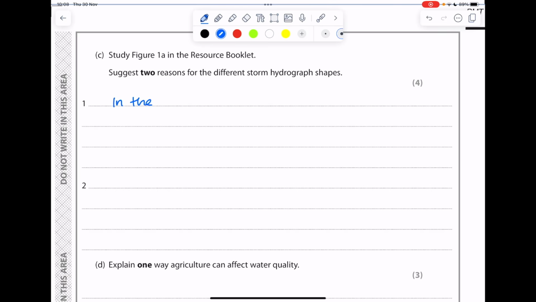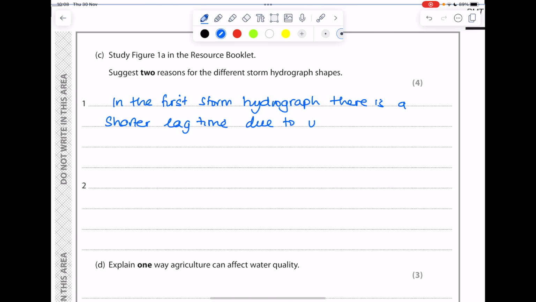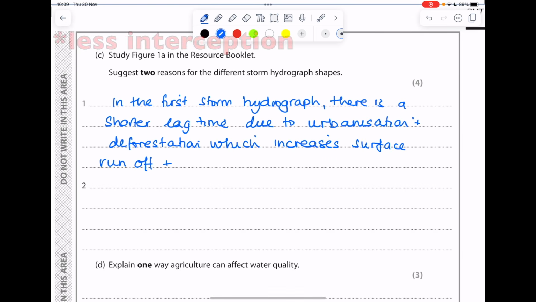So in the first storm hydrograph, there is a shorter lag time, and that could be due to urbanisation and deforestation, increasing surface runoff, and means less interception takes place.